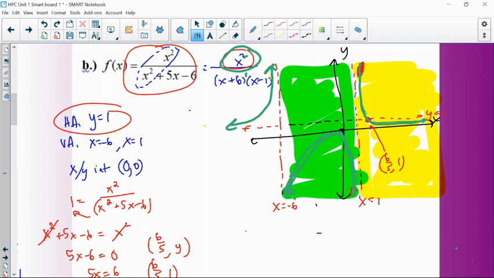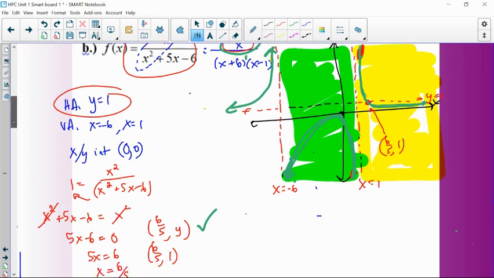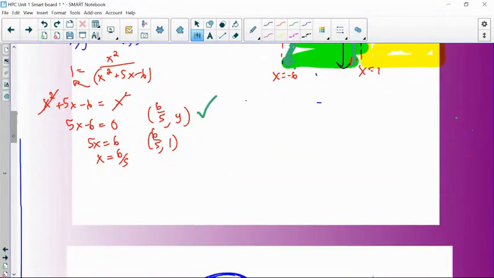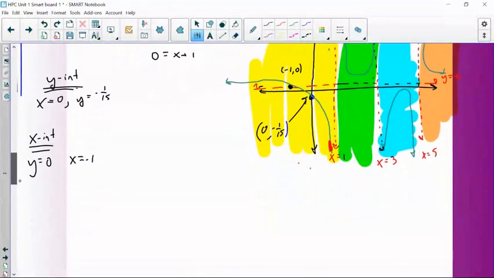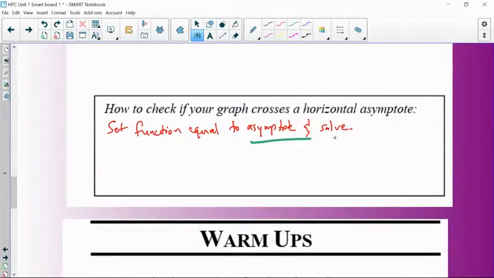We don't cross the line y equals 1 anymore. So it's a little bit trickier initially, perhaps, because we have to check that cross point, but it's so important to know how to check that cross point. You check it by setting the asymptote equal to the equation, and then you solve.